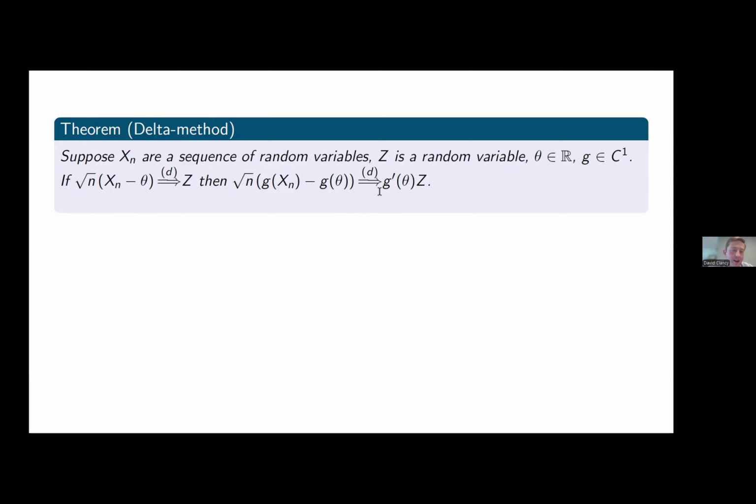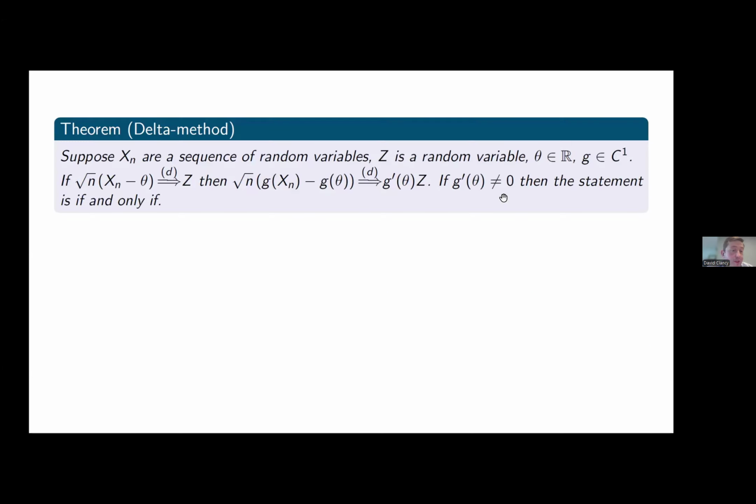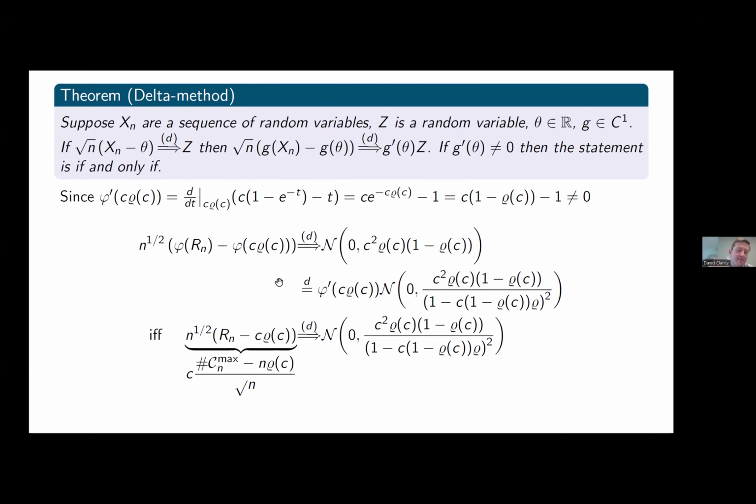So going back here, we have a function applied to a statistic Rn minus a function applied to a limiting value. We can use this if and only if statement, provided that the derivative is non-zero at theta, which here is C rho of C, to take this CLT for the function of Rn minus the function of the limit and turn it into a CLT for Rn minus the limit.